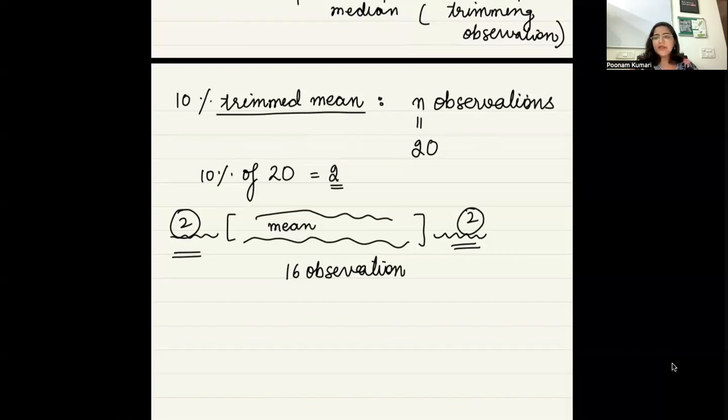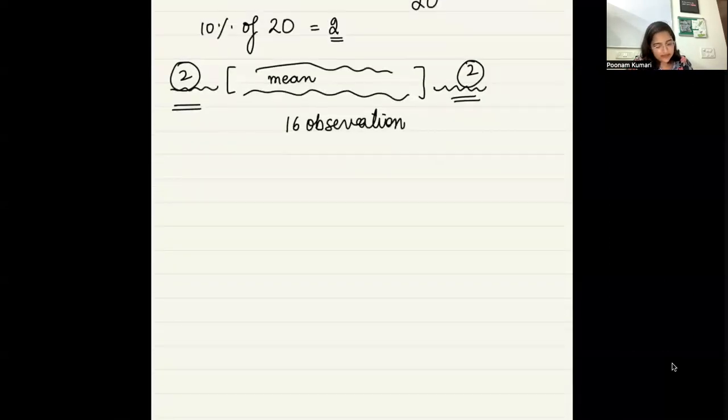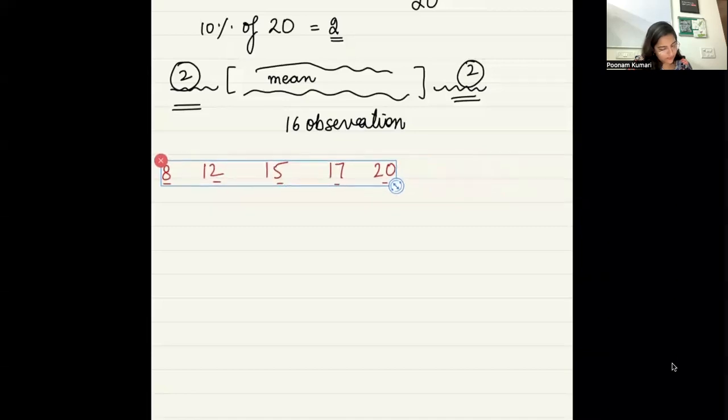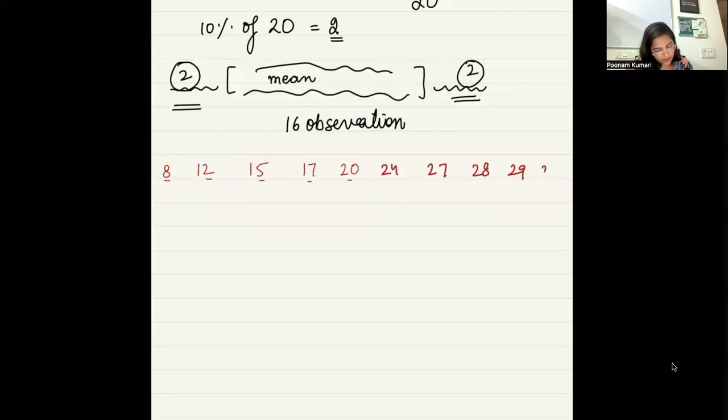Let's say my data points are like this: 8, 12, 15, 17, and 20, then 24, 27, 28, 29, and 30.